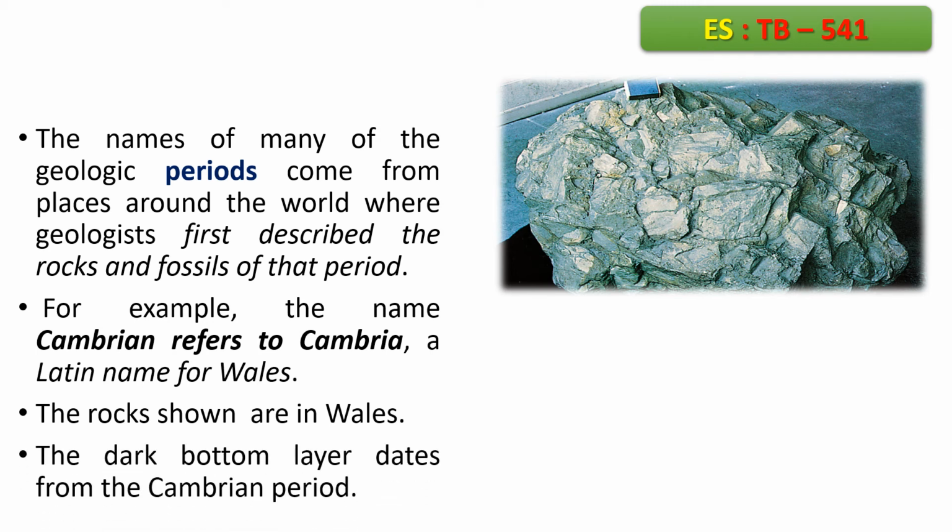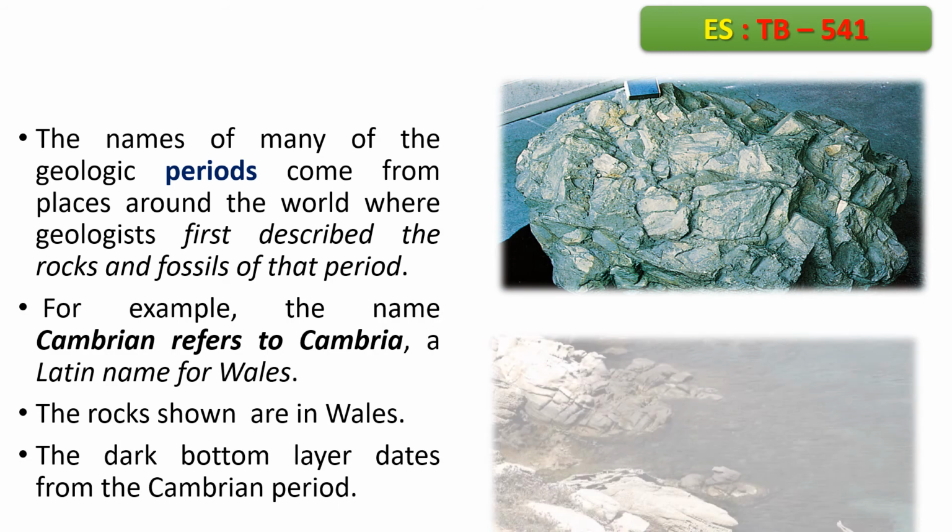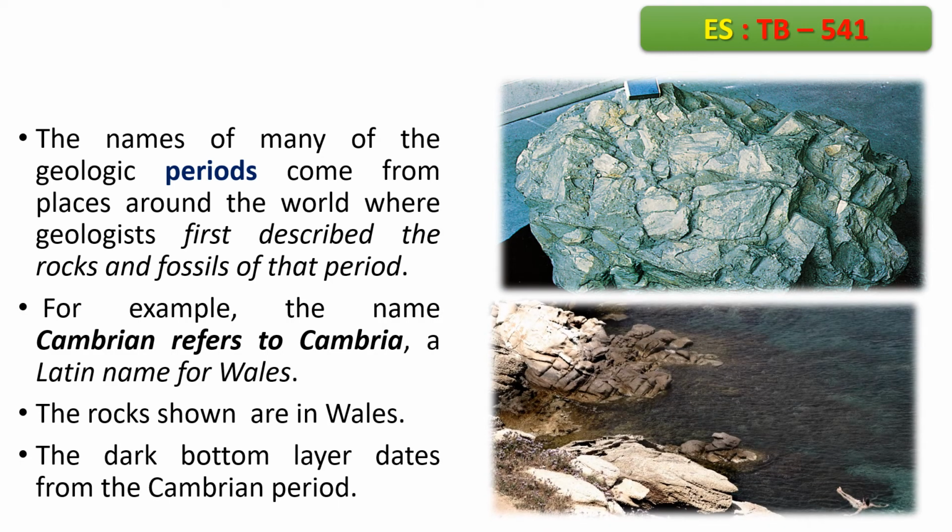The rocks shown are in Wales. Look at the diagram, you can see the Cambrian name comes from the Latin word Cambria. The dark bottom layer dates from the Cambrian period.